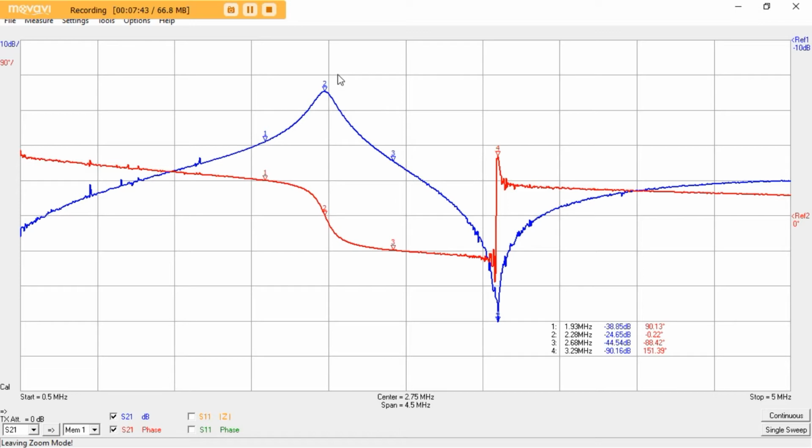We go up to this, which we call the series point, and down here to this parallel point, where the impedance is reaching a maximum, so currents are reaching a minimum. At marker 4 we go through a phase change as well, also showing that this is a resonant mode, and we are down at a 90 decibel insertion loss.